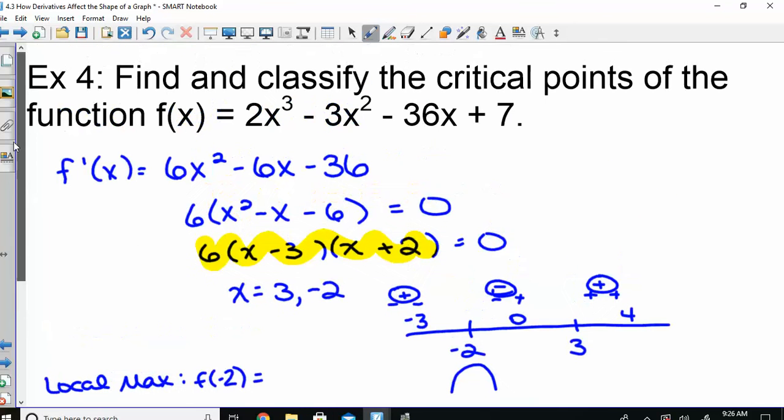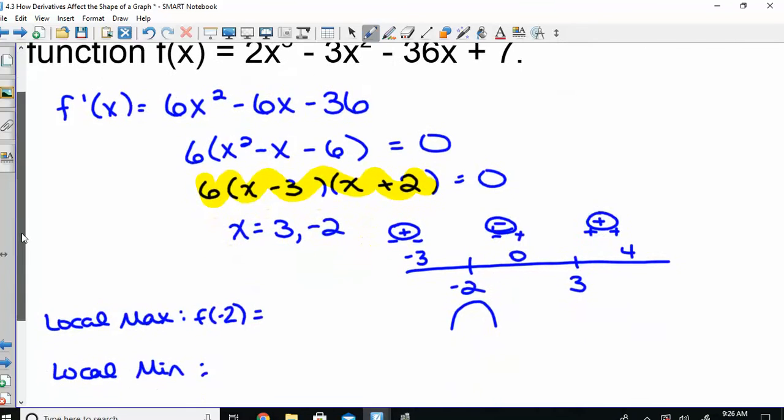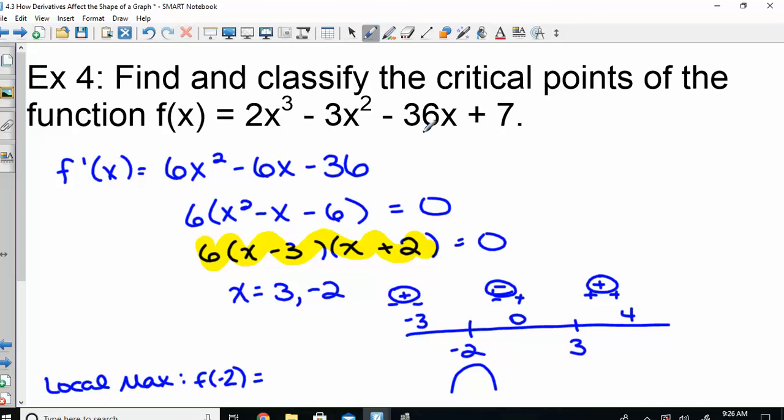If you plug -2 into the original, -3, is that right? Maybe not, hold on. -51.